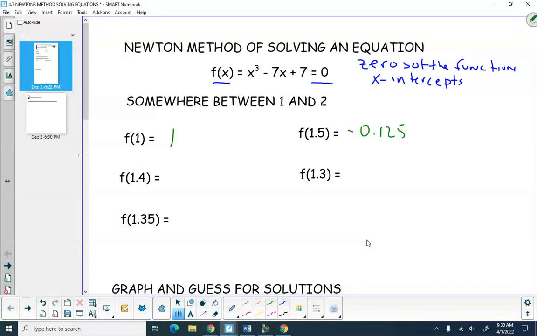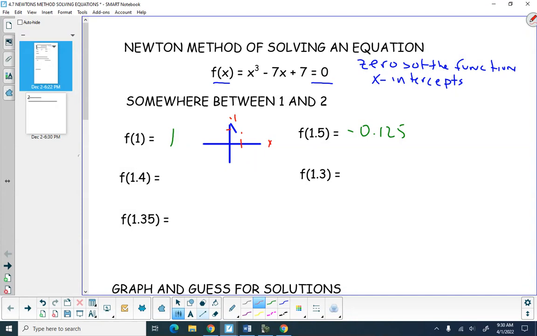At the value of 1, we are at positive 1.